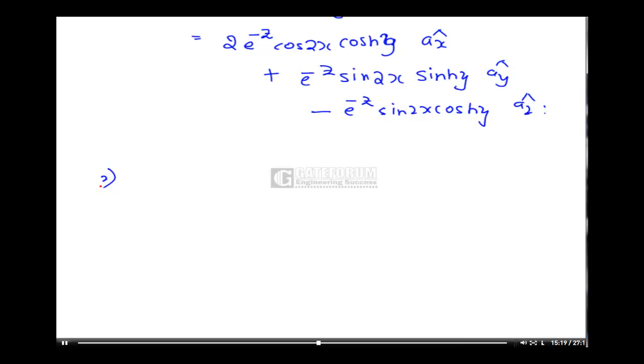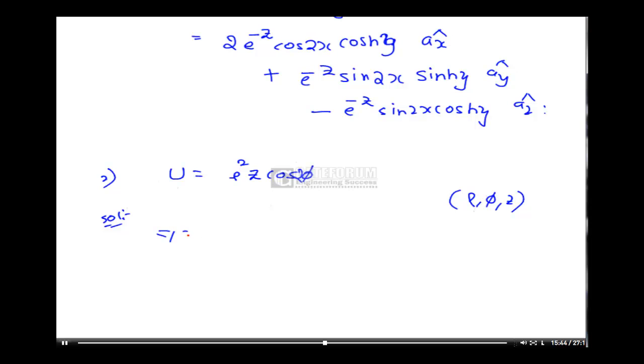Second problem: U is equal to rho square Z cos 2 phi. So what is the gradient? Just use this formula. Since it is in terms of rho, phi, Z, we have to use the cylindrical coordinate system.